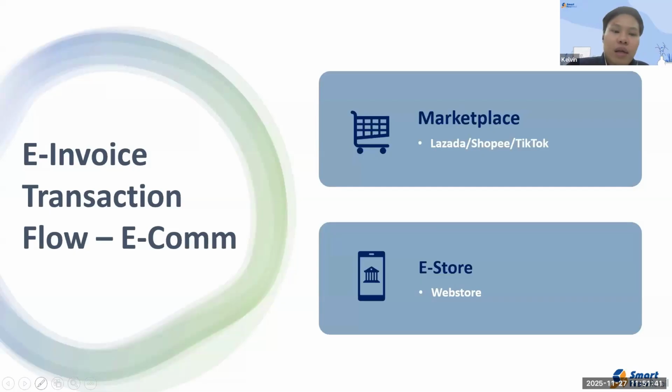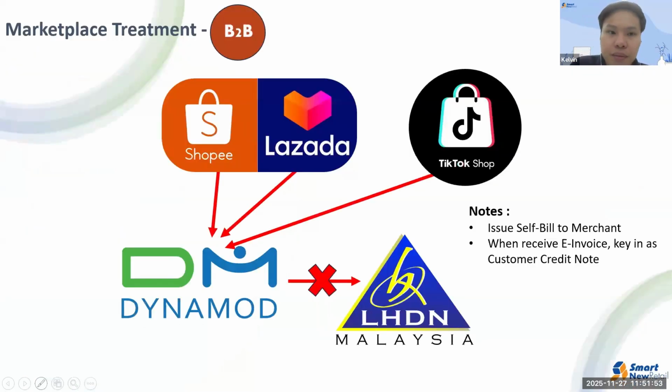Okay, for marketplace. Just now, if you still remember, I said not all marketplaces require you to submit e-invoice. Why do I say that? For these three platforms, Shopee, Lazada, and TikTok, for all the sales from these three platforms, you no need to submit e-invoice to LHDN, as these three platforms will help you to submit.